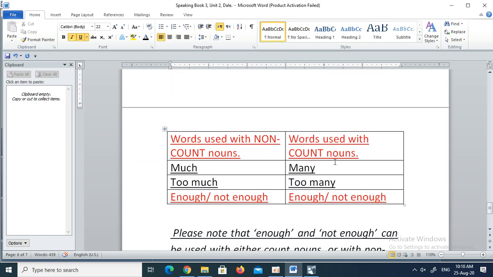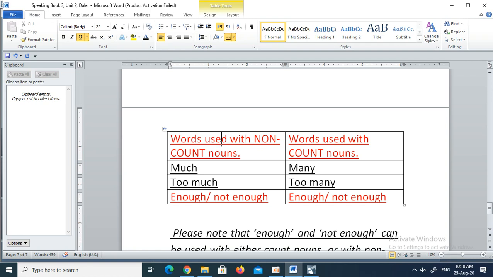If we have words used with non-count nouns, we will say much, and we can use it with a non-count noun like sugar. So I can say, I don't like much sugar. Because sugar is non-count, we would use that word much. Okay.